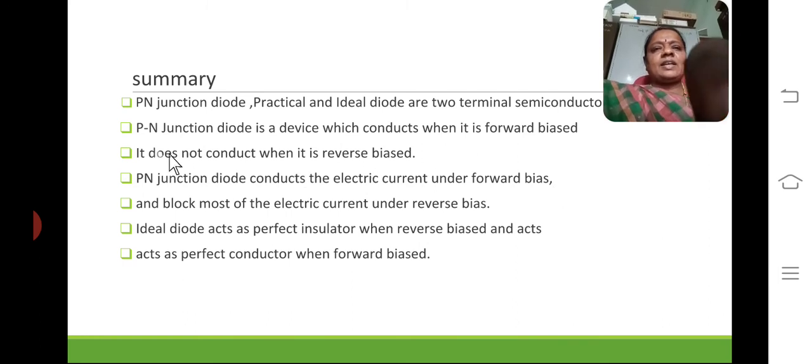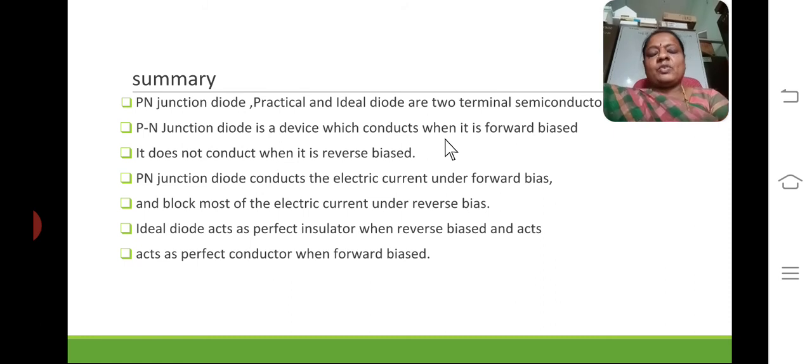A PN junction is a device which conducts in forward bias and does not conduct in reverse bias. The PN junction diode conducts the electric current under forward bias, and blocks most of the electric current in reverse bias.